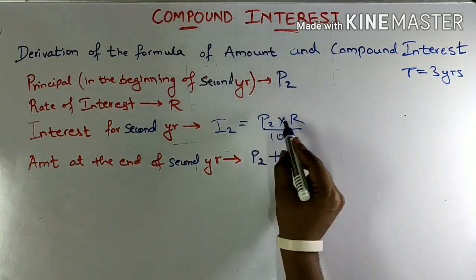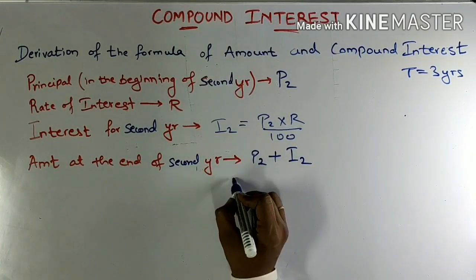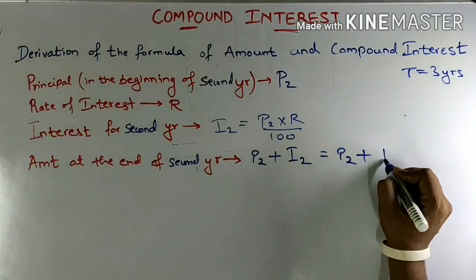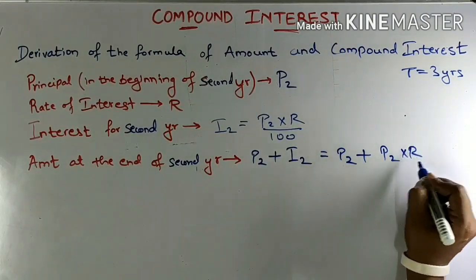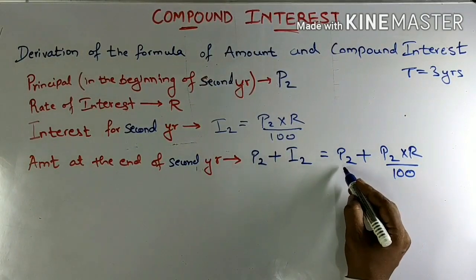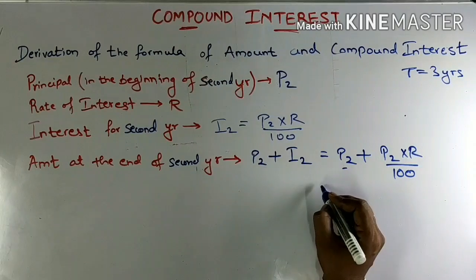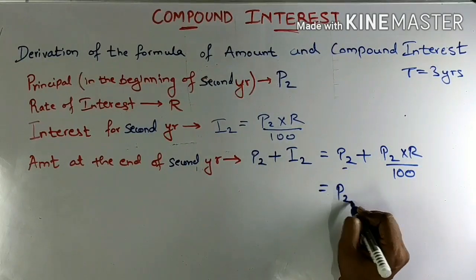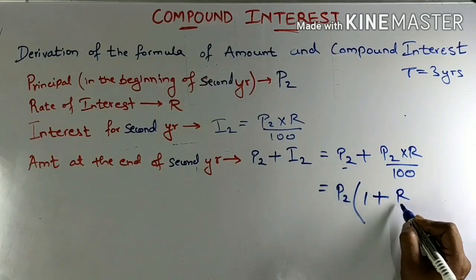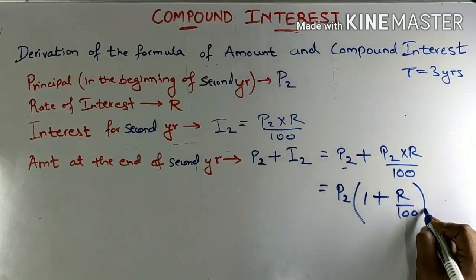If I substitute value of I2 over here, it gives me P2 plus P2 into R upon 100. Again P2 and P2 are common, so I take P2 common. 1 plus R upon 100.